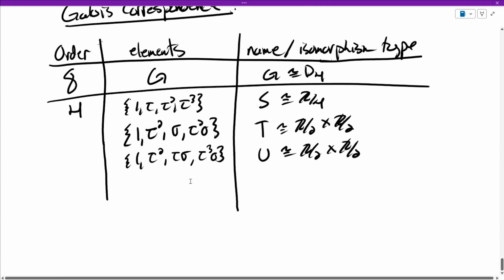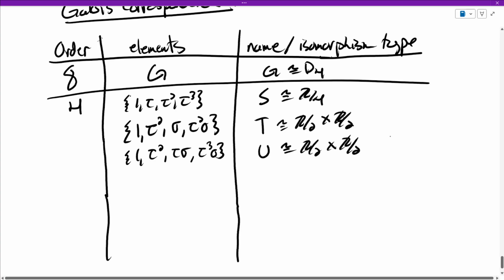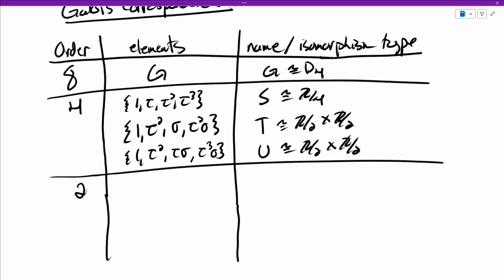And those are all of the order 4 subgroups. We're not going to prove that, but we're going to take that as a given.